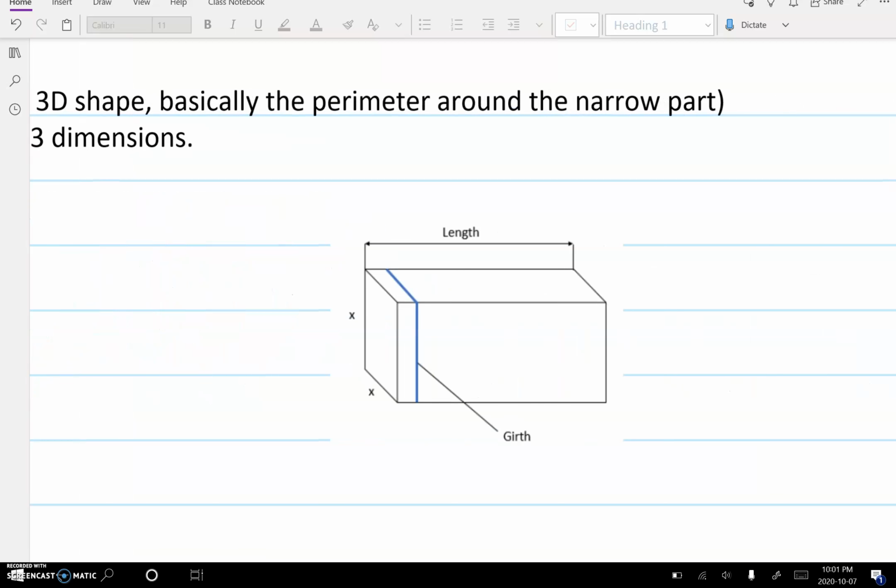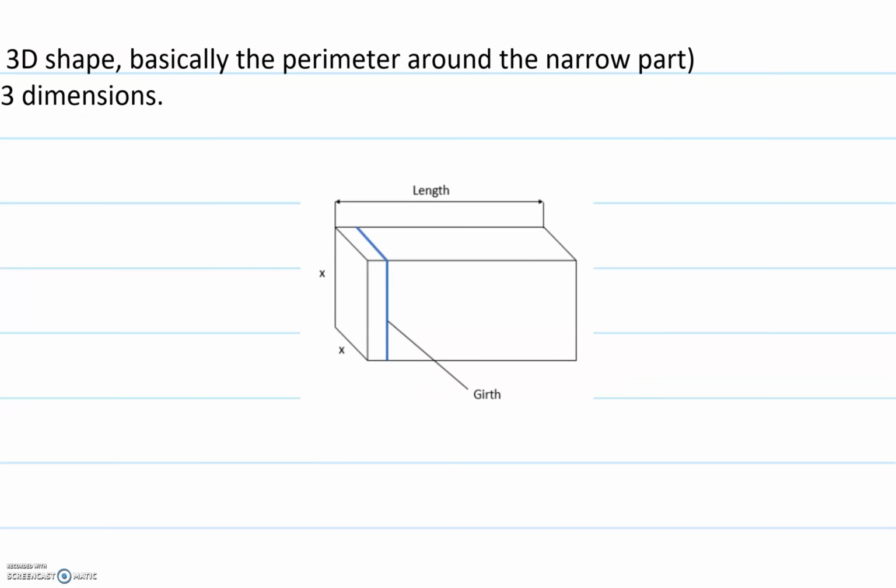Here we look at a rectangular prism, and again we could rotate this image. But the point is that the girth is going around our rectangular prism. So if I just continue that, so that's going behind, and that's going up.